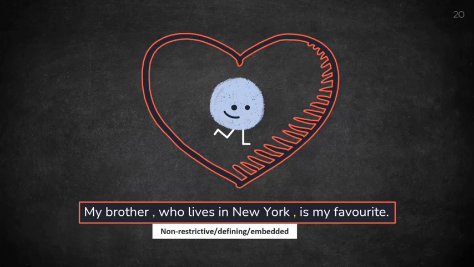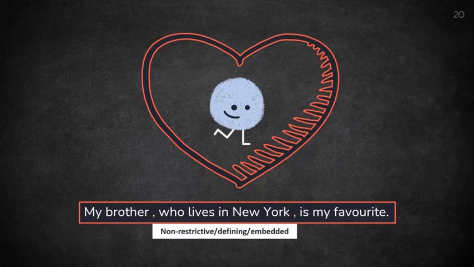But really, how do you differentiate between an embedded and non-embedded clause in a sentence? Okay, so usually if it is non-embedded, the extra information is separated by commas, like this one over here. So when it is written, it is easier for you to know which one is embedded, which one is not.